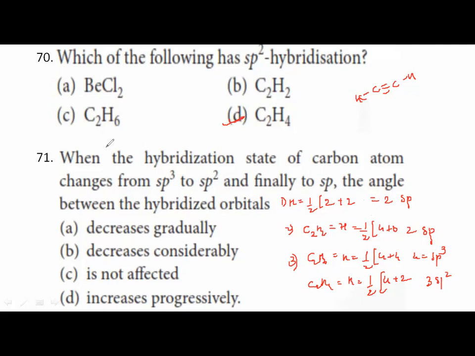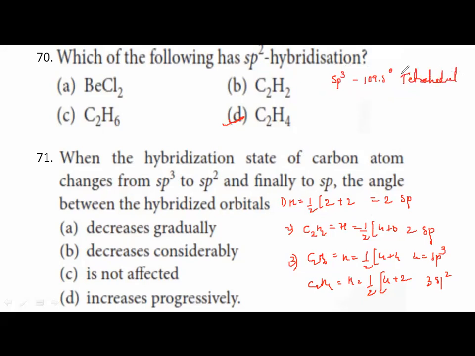sp2 hybridization is present. When the hybridization state of carbon atom changes from sp3 to sp2 and finally to sp, what will happen to the bond angle? We know that for sp3 hybridization, the bond angle is 109.5 degrees and the geometry is tetrahedral.